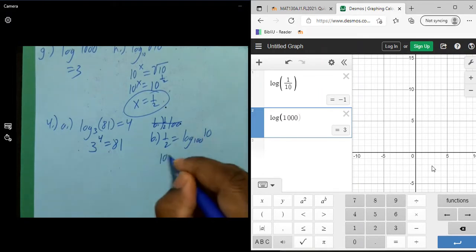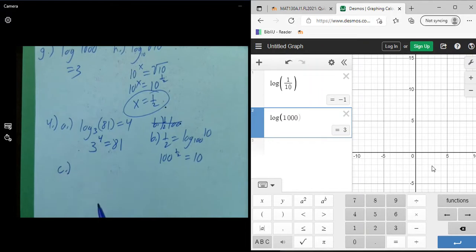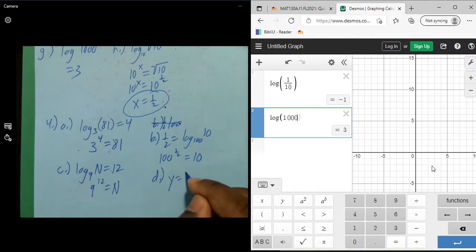So this would be 100 to the 1/2 power is equal to 10. So now we move on to C. Log base 9, the argument n is equal to 12. So we know we would take this to 9 to the 12th power is equal to n. So D, we have y is equal to log base 7 of x. So it'd be 7 to the y power is equal to x.